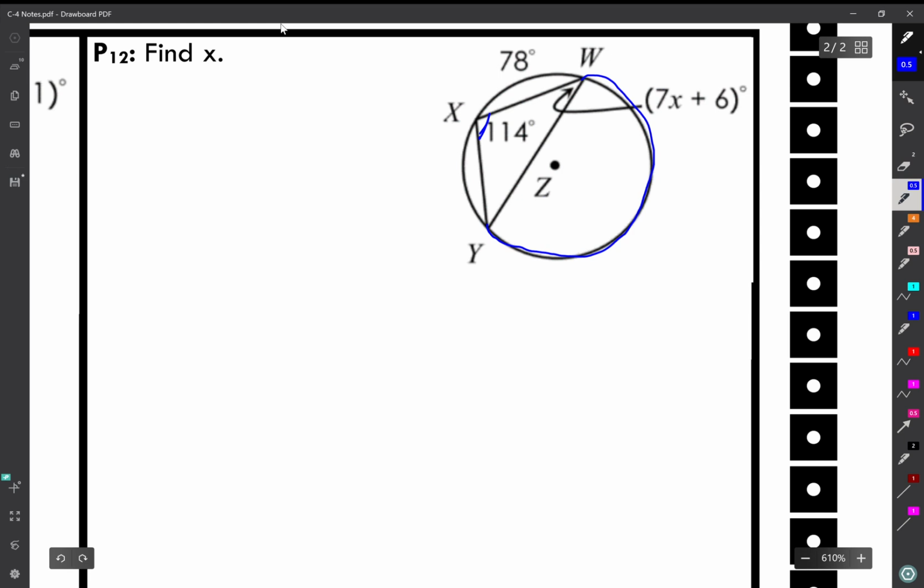So we know it has a measure of 114 times 2, which gives me 228. That's that whole angle's arc.